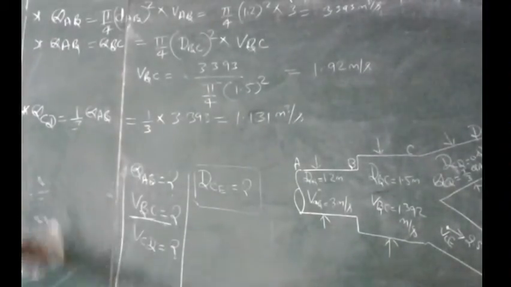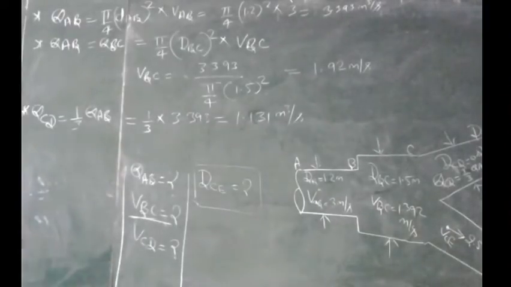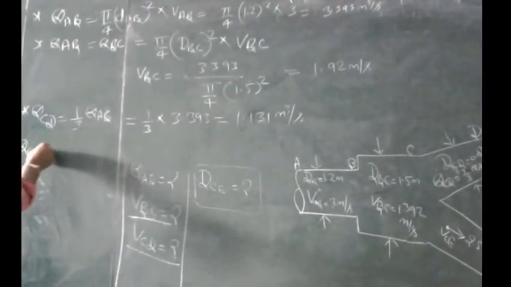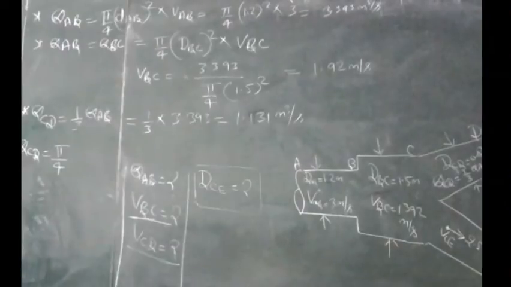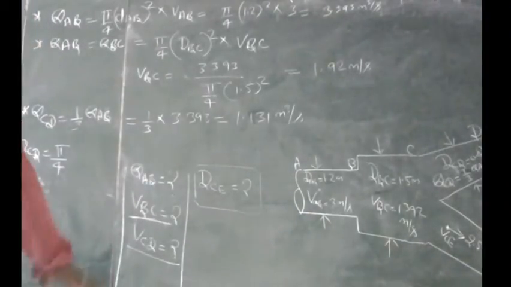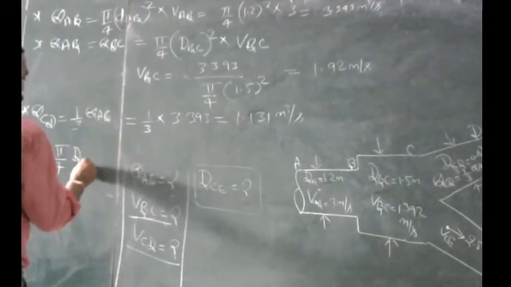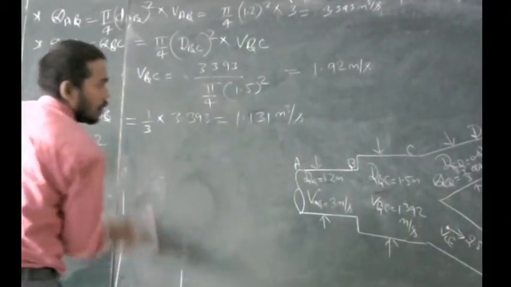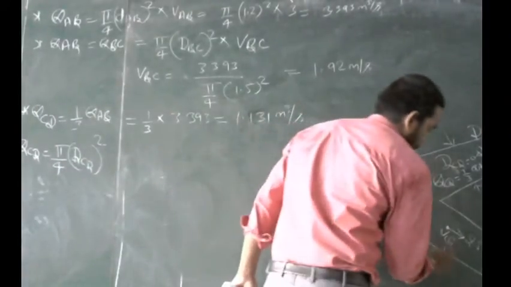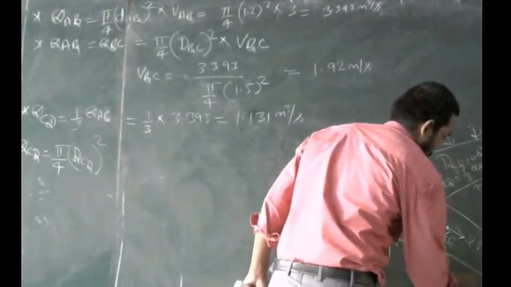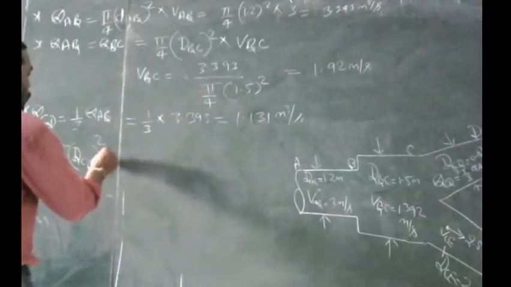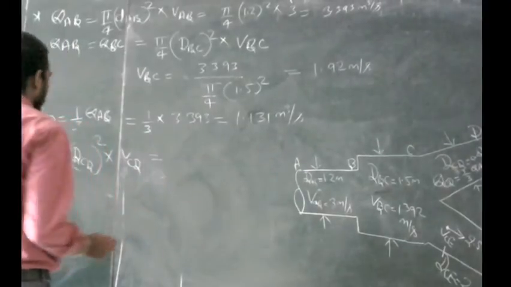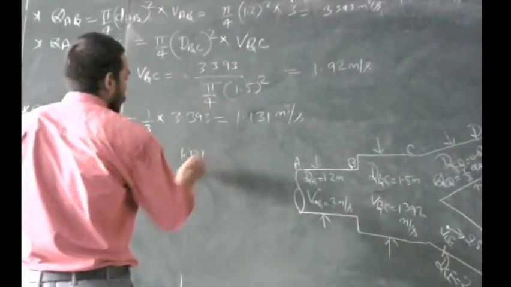Next is VCD. We know that QCD equal to pi by 4 DCD square into VCD. It is clear? So QCD equal to 1.131.